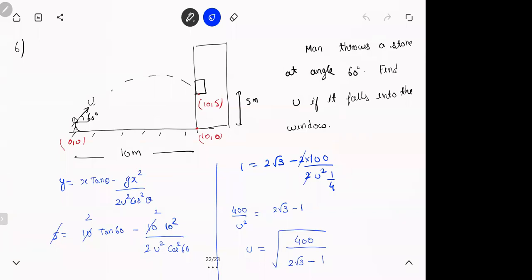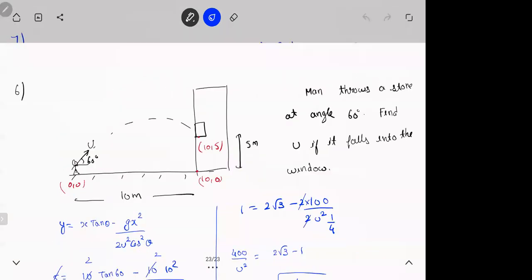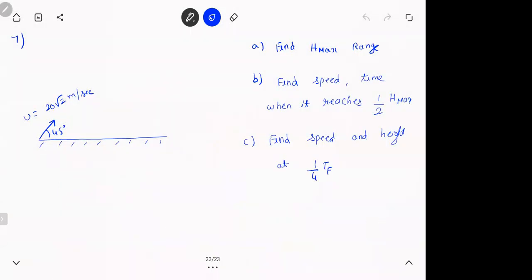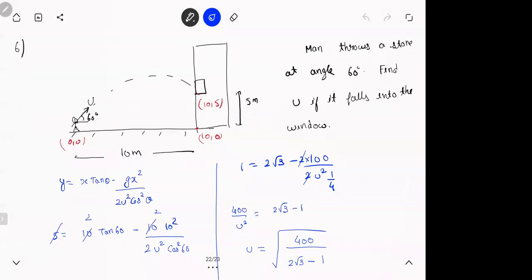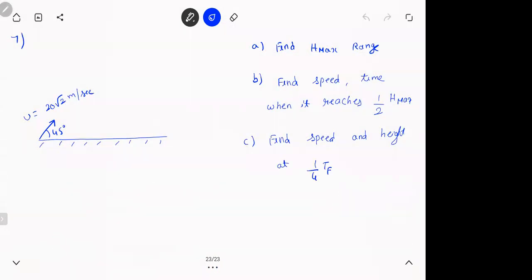I kept it for a long time, right? Should have copied it before. Copy down the question, give it a try. Yeah. Give it a try. I'll give you 4 to 5 minutes for this, then we will discuss.